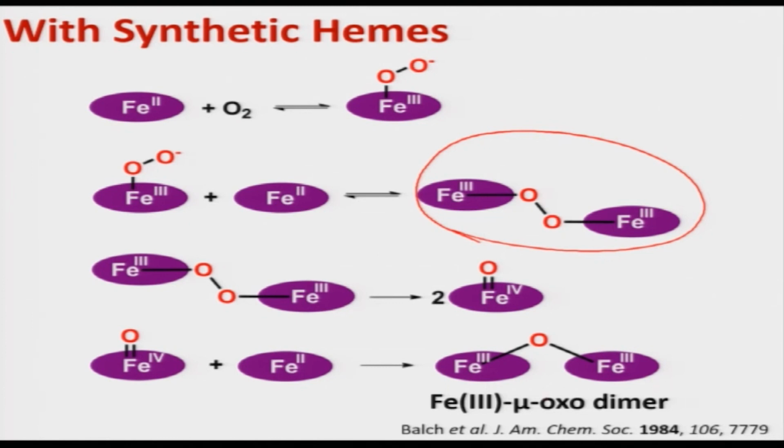Thus, the synthetic heme center cannot bind dioxygen in a reversible fashion. It immediately reacts with dioxygen and gives rise to iron 3 mu oxodimers. We will be discussing all these details in our subsequent lectures.